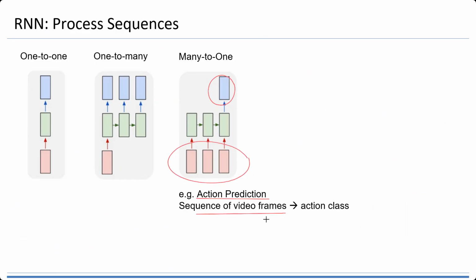For example, if you put a YouTube video and then you want to recognize whether the person is doing soccer or baseball. Then you put in video frames, so there will be multiple frames, and then you determine what the activity is. The activity will be only one. So we call this many to one.